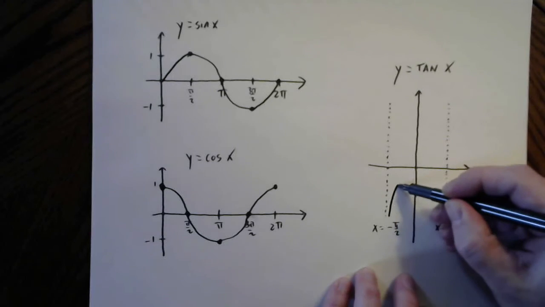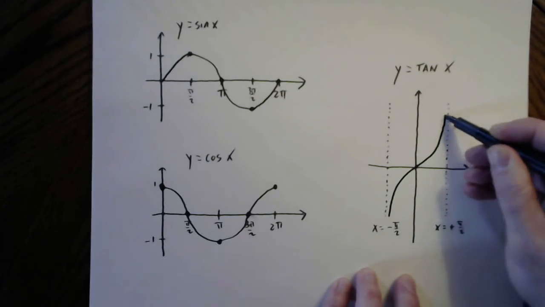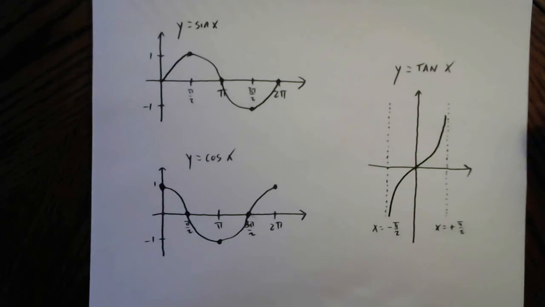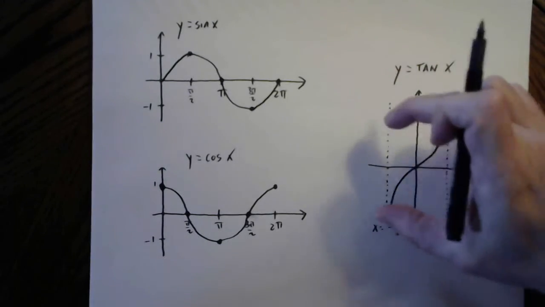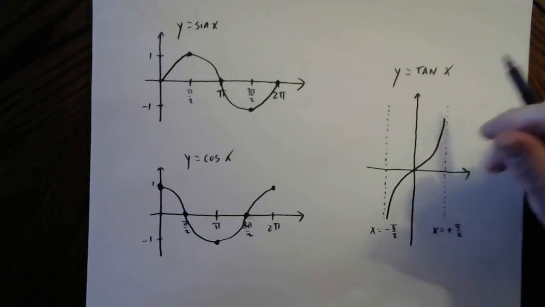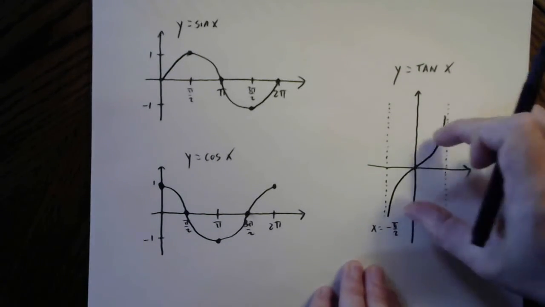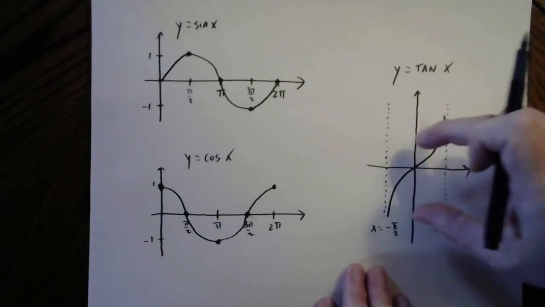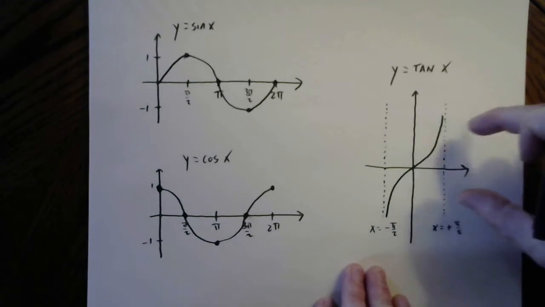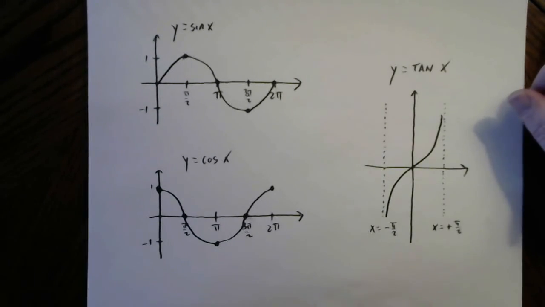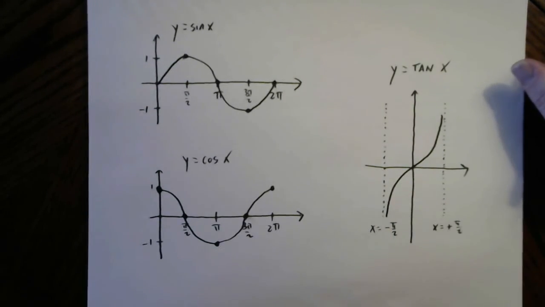This looks a lot like that cubic function, sort of this snake kind of thing. These vertical asymptotes are holes in the domain. You can't put these values in. The tangent is undefined there. And again, this is periodic, so this is one cycle that would repeat indefinitely in both directions. Typically, when you graph a trig function, you just show one cycle.